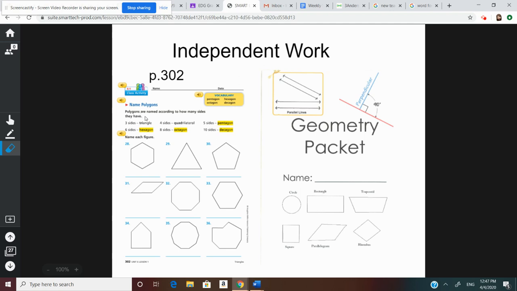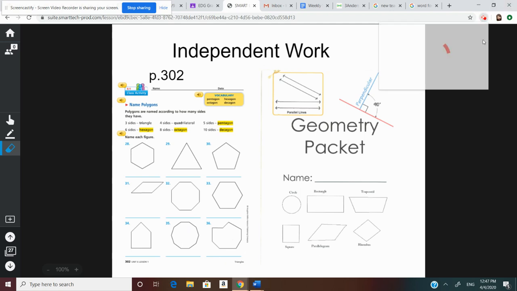So we are going to be naming our polygons according to how many sides they have. So you're going to name each figure here. Look back to your geometry packet, your vocabulary, if you need to. You have seen all of these figures, so you're just going to be counting the numbers of sides, and then you are going to be naming them.